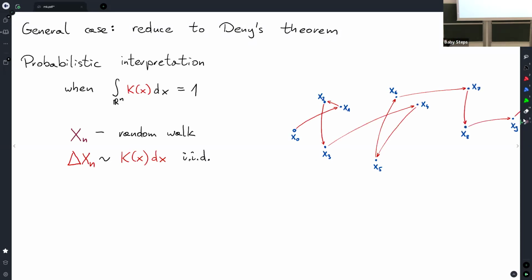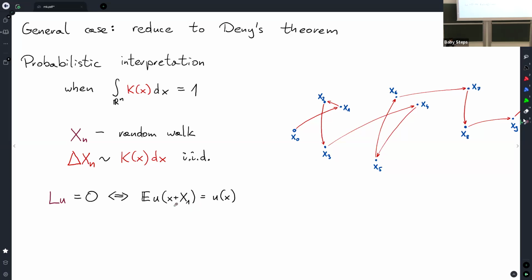Okay? So recall the probabilistic interpretation. Let us assume that the kernel K integrates to 1, and we consider a random walk which has increments distributed according to a distribution of density K. So we have a family of random variables moving in Rn, and the equation Lu equal to 0 translates into the convolution of U and the kernel K is equal to U. So in probabilistic terms, you would write this as the expectation of U evaluated at the random point x plus capital X1.